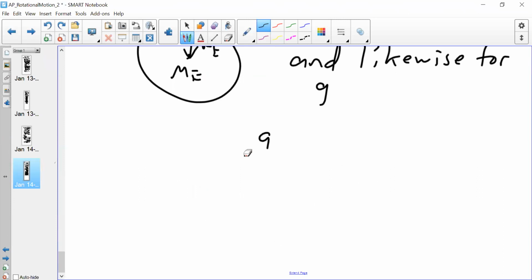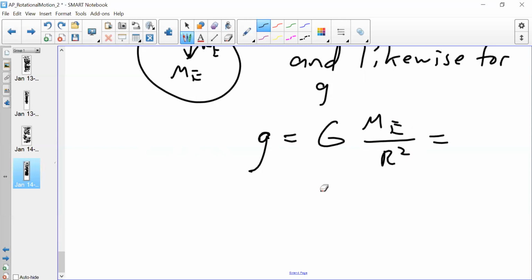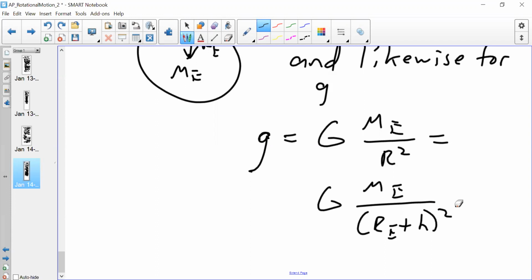Wherever force goes, gravity goes proportionately, and directionally. G M E over R squared becomes G M E over (RE plus h) squared. That's the mathematical proof that you're going to feel lighter. You have the same mass, but you just feel lighter. And then weightlessness is apparent.